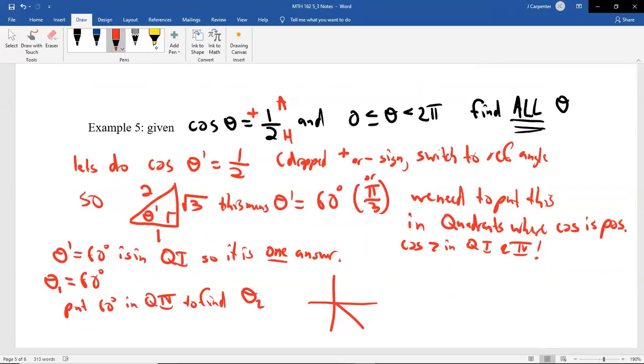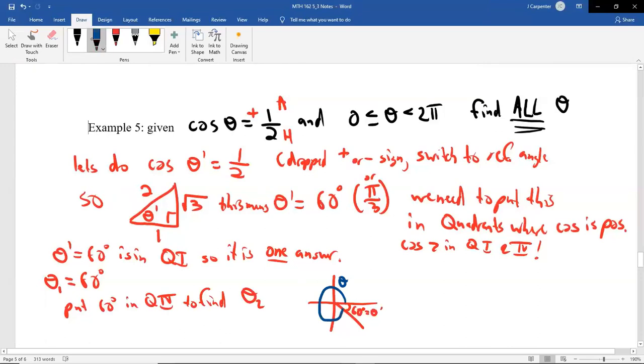Now our 60 degrees is a reference angle. Remember, we swing from the x-axis. So this has to be our 60 degrees. That was our reference angle, theta prime, which means the real angle would be this.